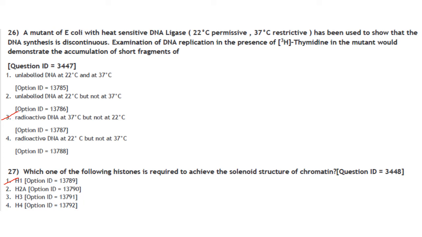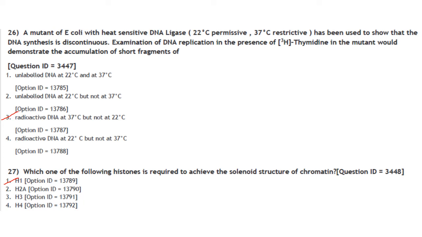The next one. A mutant of E. coli with heat sensitive DNA ligase, 22 degrees Celsius permissive, 37 degrees restrictive, has been used to show that DNA synthesis is discontinuous.